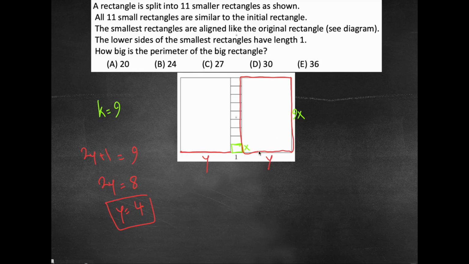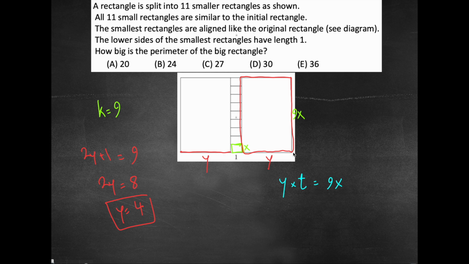So let's go ahead and try to find the value of x. In order to do that, I need to build a relation between the medium-sized rectangle now and the biggest rectangle. All right, so this side is similar to this side, and that means y times the scale factor, let's call it t, should be equal to 9.